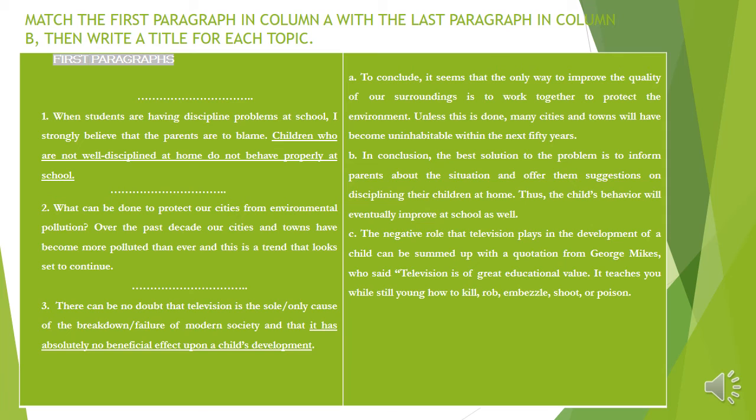Right, the answer is B. In conclusion, the best solution to the problem is to inform parents about the situation and offer them suggestions on disciplining their children at home. Thus, the child's behavior will eventually improve at school as well. Number two, can you answer it? Right, the answer is A. Number three, of course, the last answer, C.